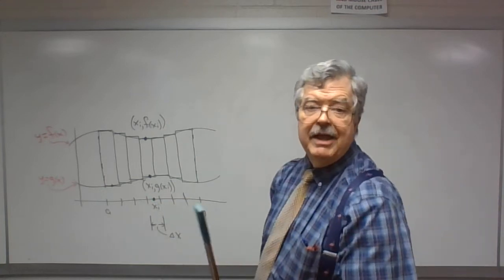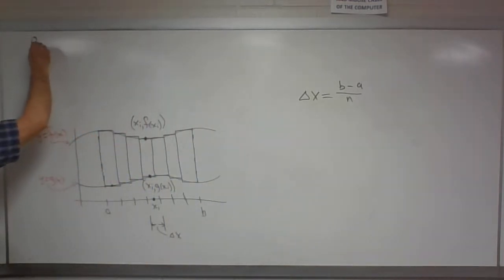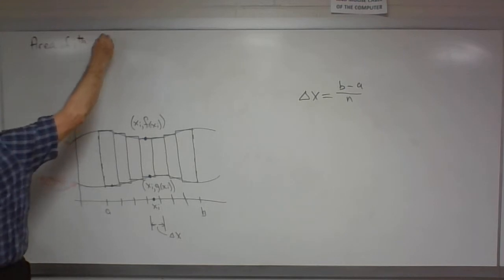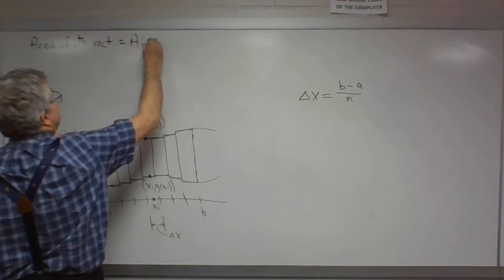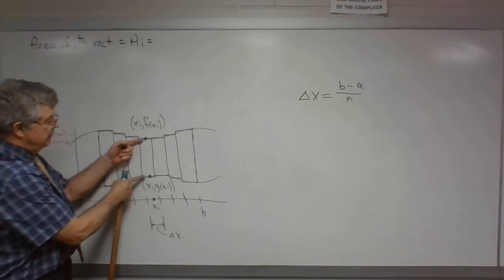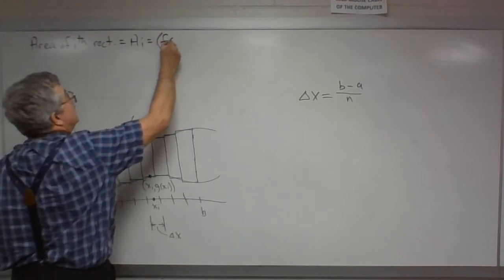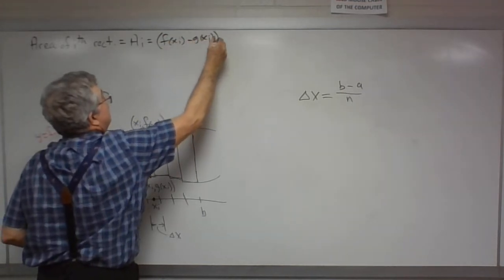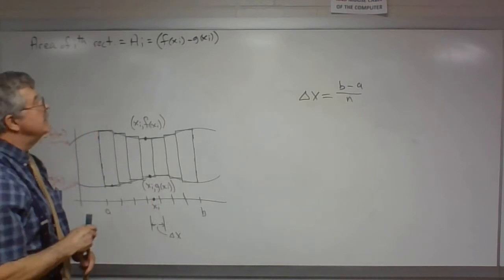And we computed the areas of the rectangles. The area of the ith rectangle is the height, which is the difference of the y coordinates, times the width, delta x.